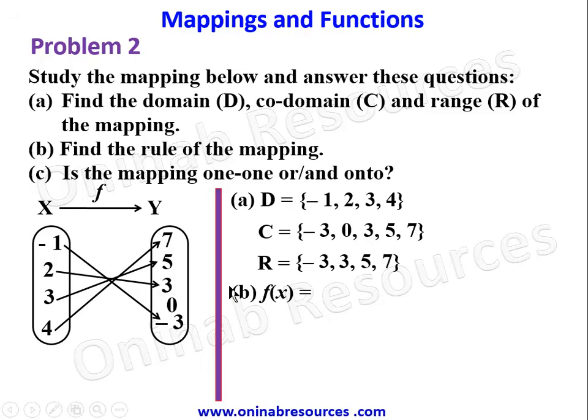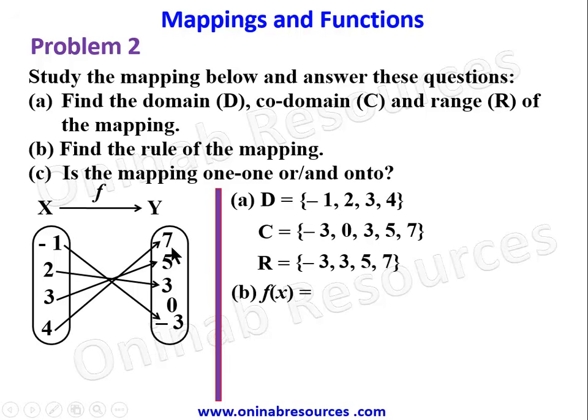For problem 2b, f of x will be... this is a linear function. How do we determine whether it is a linear function? It could be a linear function. Let's look at it as a linear function first, because there is no element in the codomain that is an image of two elements in the domain.